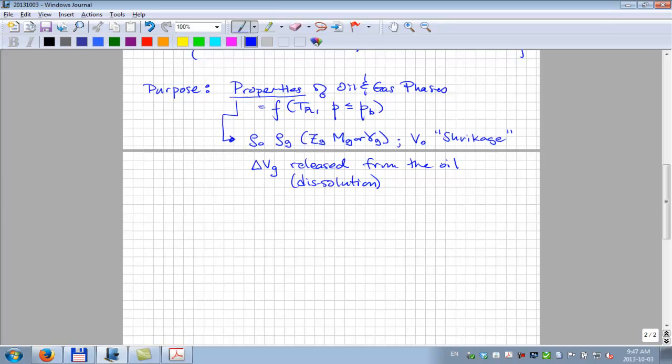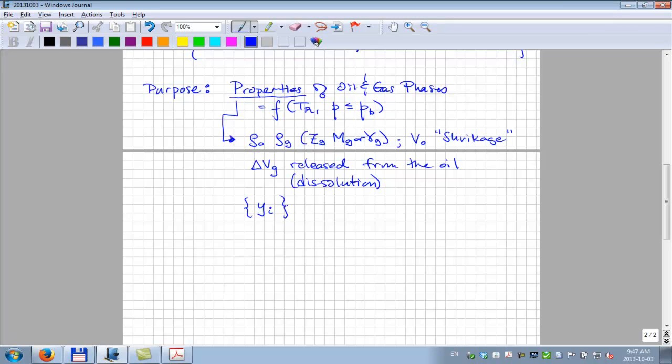And we need to know the properties of that gas, the density, we've got that. And we may ask for the composition. This is optional. That means optional, okay? The gas composition.